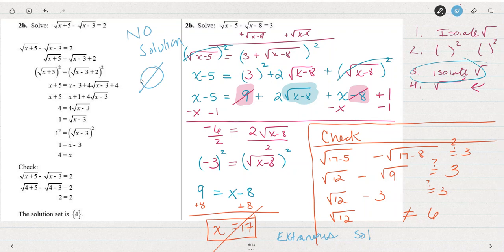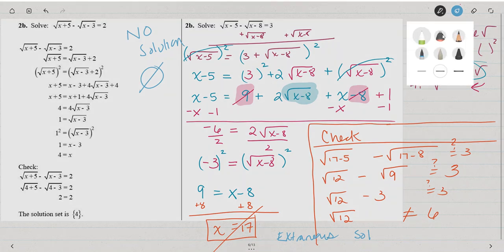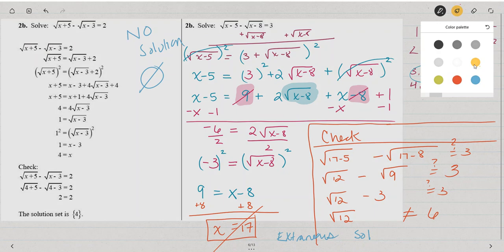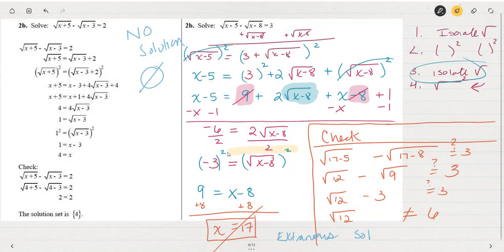I said that I was ignoring a problem. Let's go back to that, because in the future you might find your problem before you go through all of that havoc. Do you see this? I'm going to erase some of the extra stuff. Before I squared both sides, I had this. Can you see that? I had negative 3 equals the square root of x minus 8.